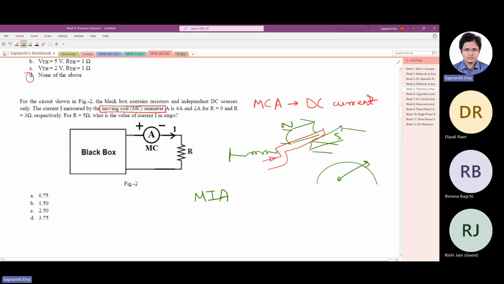So MIA is used primarily for AC current. Now, since MIA measures the current by the principle of RMS, you can also measure DC current with MIA. But with MC, you can only measure DC current.